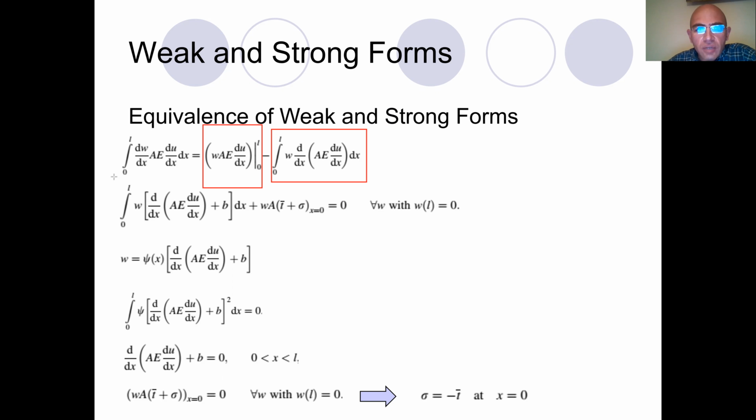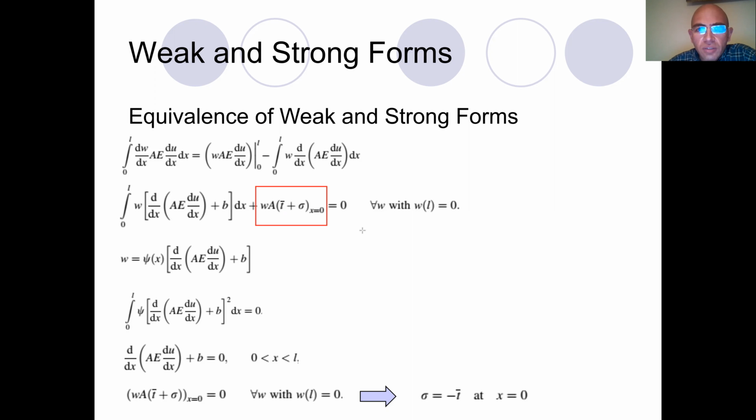So we arrive at this expression. If we do these simple operations, we have this boundary term on the left hand side. On the right hand side, we have W A E du/dx at x equal to 0, which is minus. We can take this also to the left hand side of the expression, then it will become positive. Certainly we arrive at this expression.